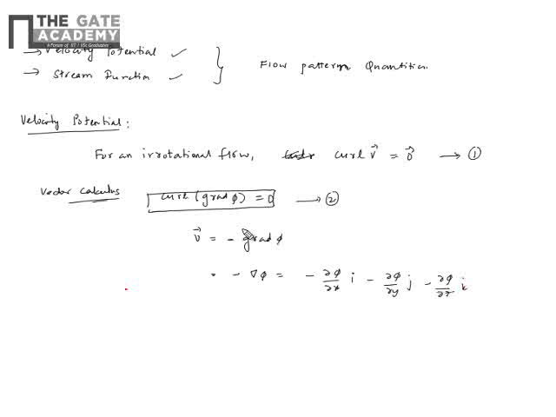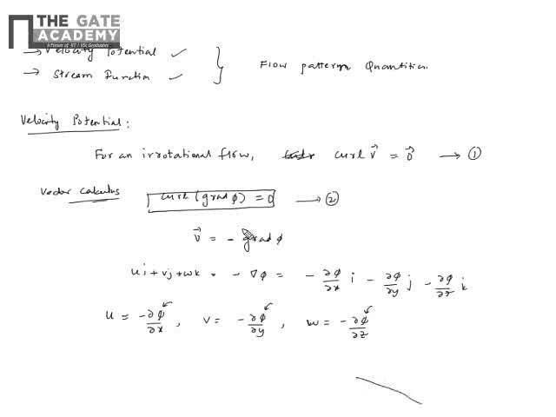That means the components of V bar, which are u i plus v j plus w k, will become these. So what it means is that when a flow takes place, it takes place in the decreasing value of phi.